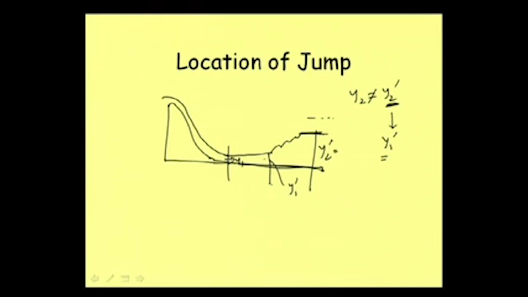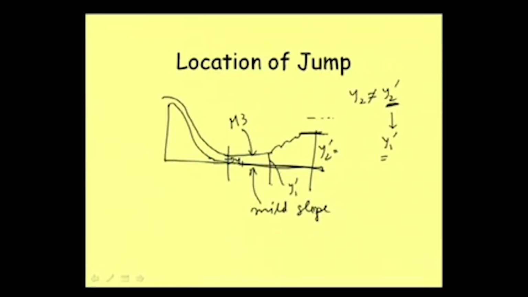And now between this y1 dash and this y1, if this is a mild slope, then this profile will be M3, and then our understanding of computing gradually varied flow profile comes into play.